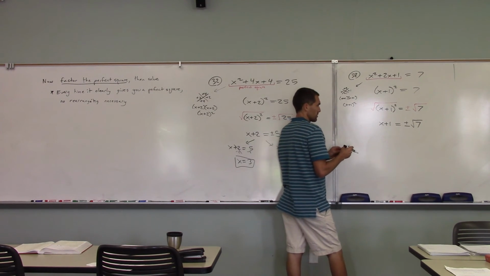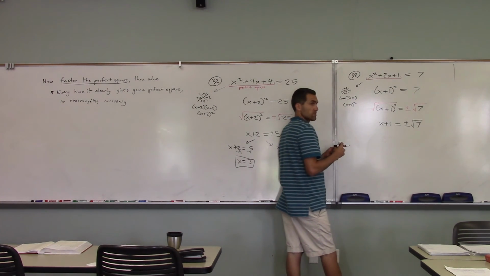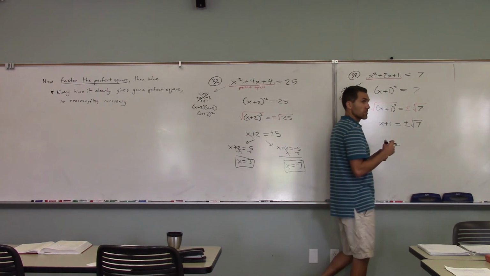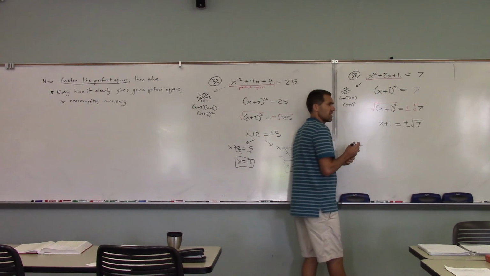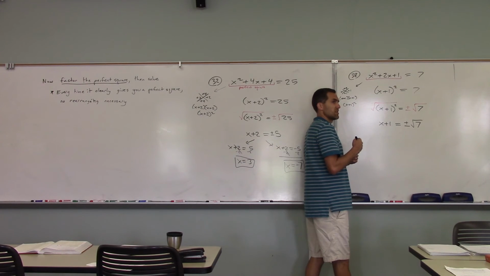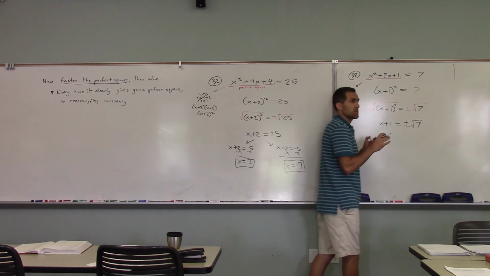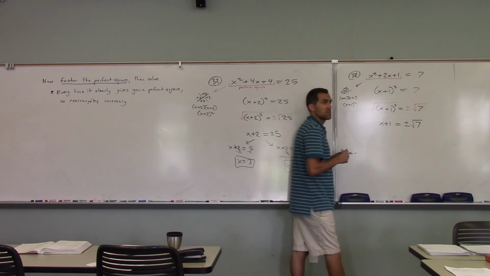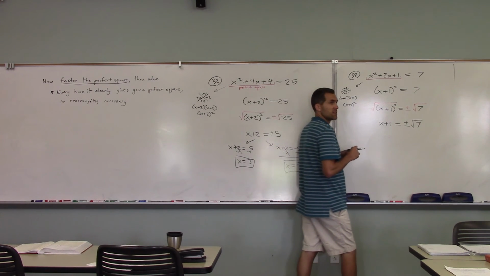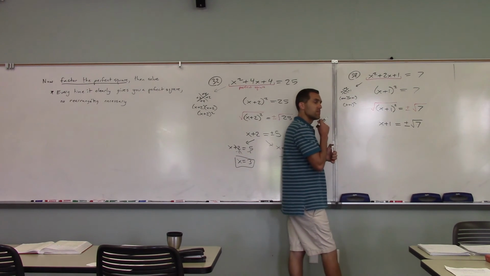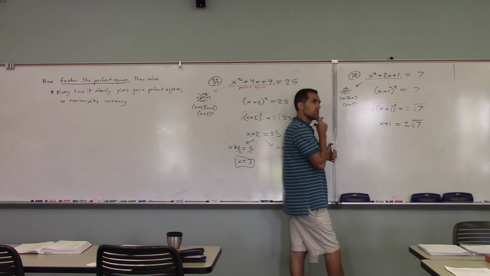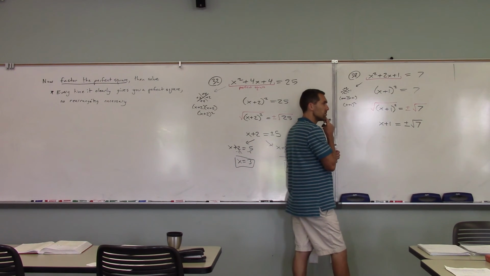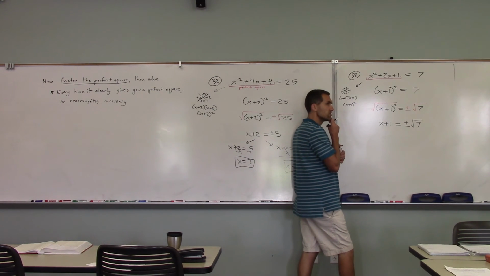X plus 1 equals root 7. Well, but not 7. So what are you doing in this next step? It's up to you. We can go 2 directions with this. Minus 1.